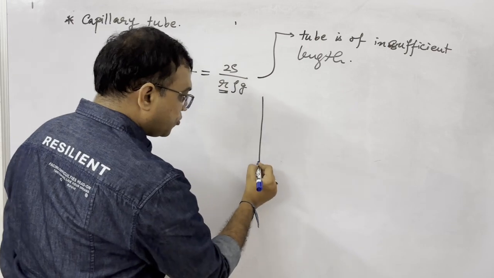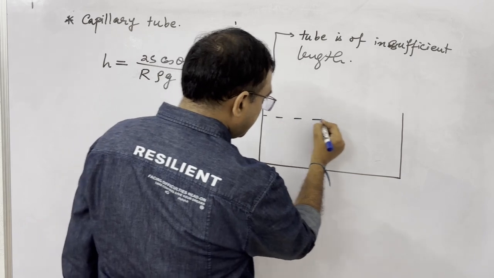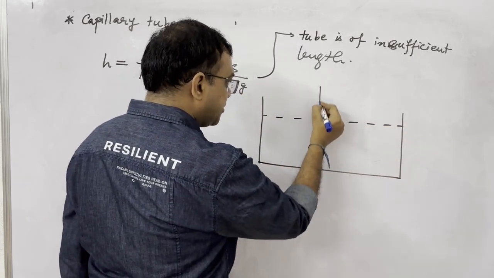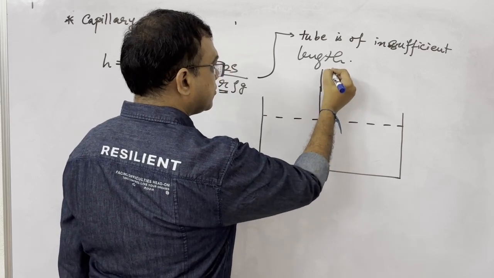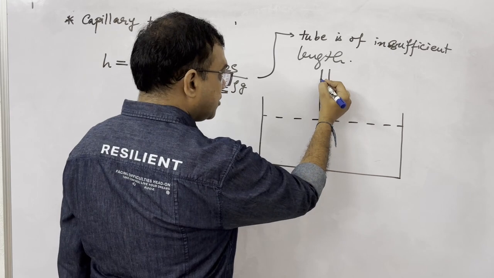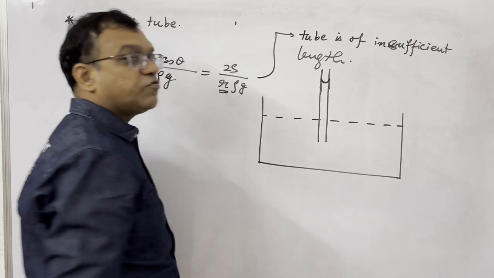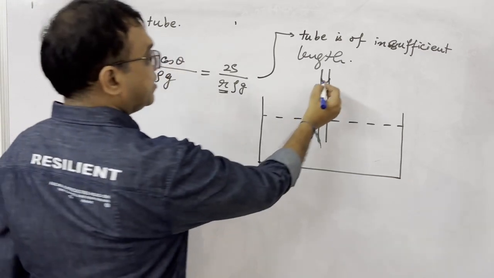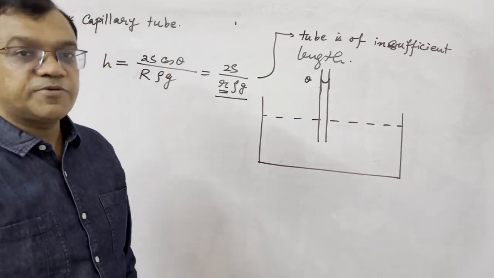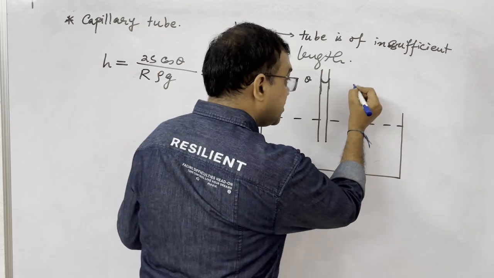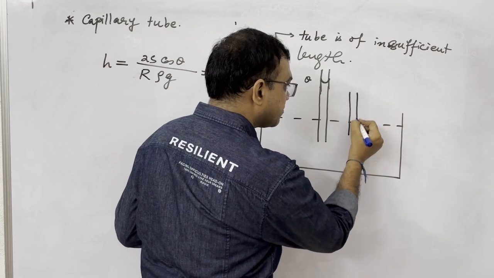Try to understand this point. This is also one of the very nice points. If we have a capillary tube like this, of sufficient length, liquid wants to come up to here, contact angle theta, height h, it wants to come up to here. But say the tube itself is not of that much height.